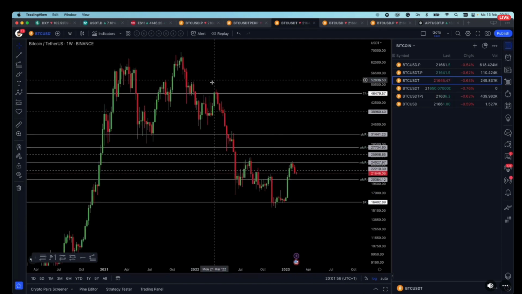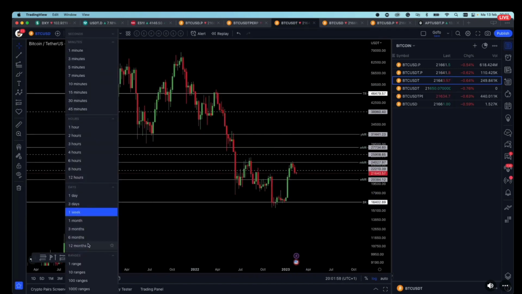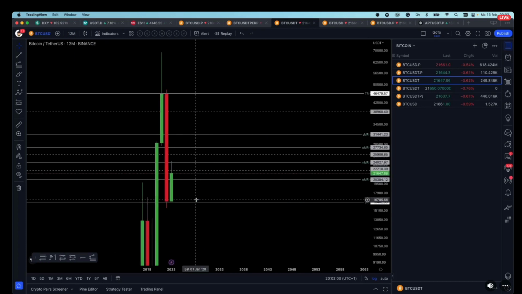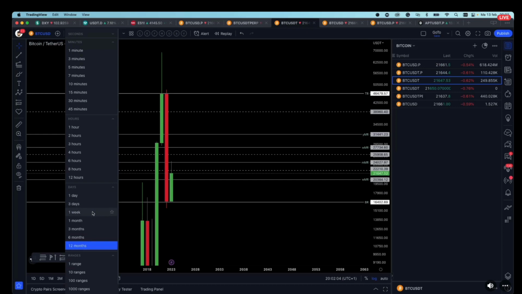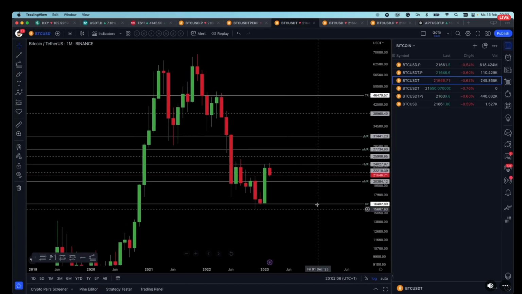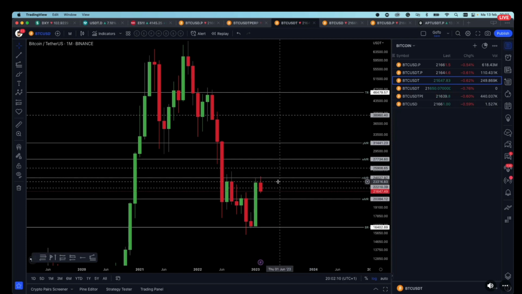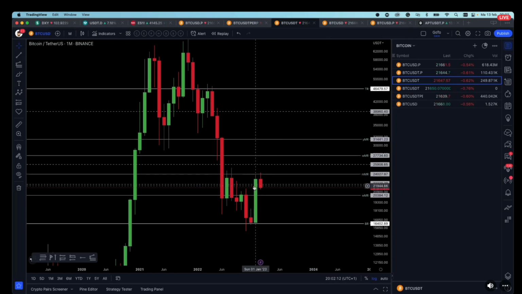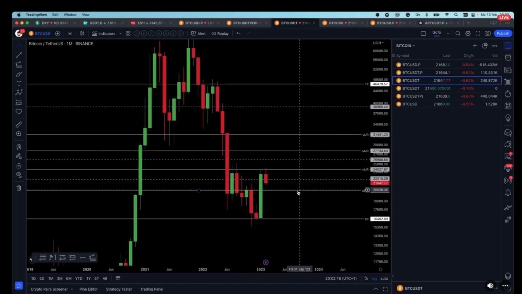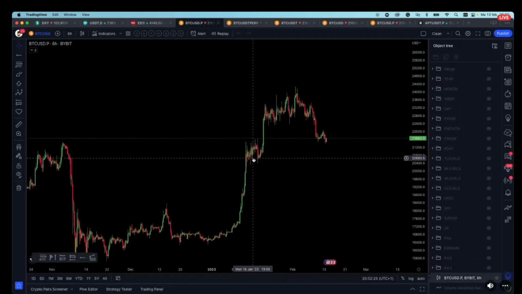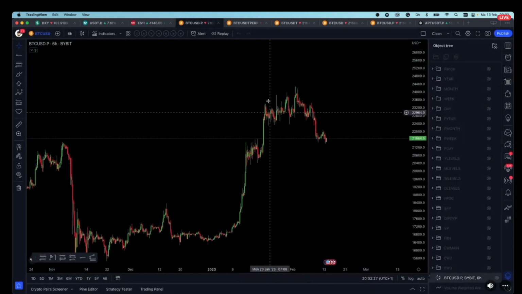Bottom range, top of the range on the yearly time frame. So we basically tapped into that monthly mid-range, and now we are hovering around the mid-range of this channel here. And then we can still come back towards that weekly mid-range, which is around these levels, which I really like price to go.